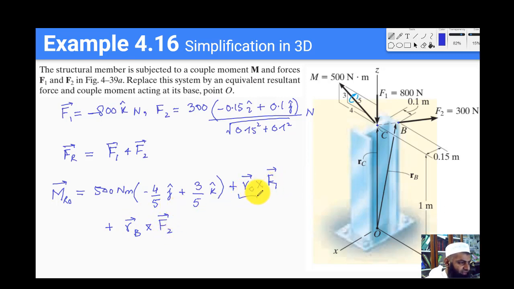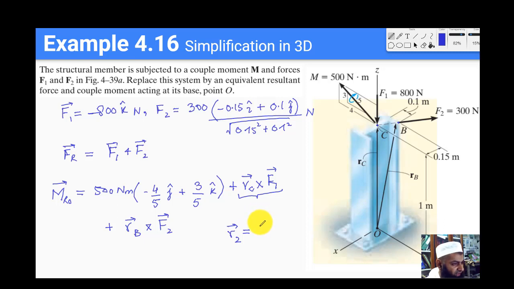The first term we can already see is going to be 0 because rC and F1 are acting along the same line, and a cross product of two parallel vectors is equal to 0. And rB can be found by using the concepts of position vectors that we studied in chapter number 2. So rB has all three components non-zero.